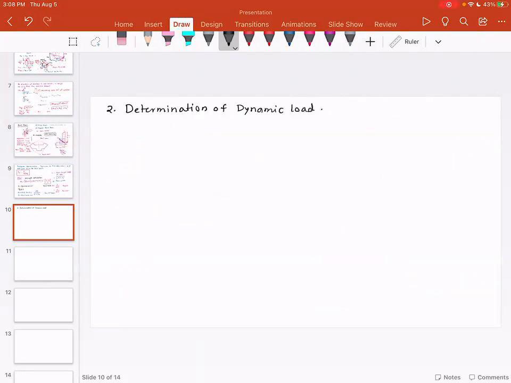And again, for the determination using the Buckingham equation, we can use the equation that we studied in spur gear design, and that should be able to give us the dynamic load. And I would just duplicate that equation here for reference. This is the exact same equation from the spur gear.